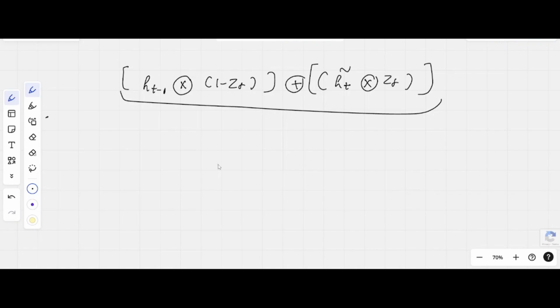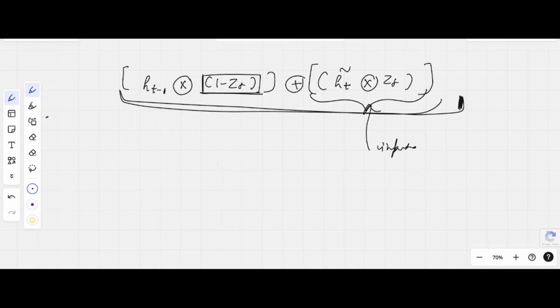Before discussing that, there is one more benefit of having this quantity, and that is this complete operation incorporates both the forget gate and the input gate of LSTM in just one single operation, which we are calling the update gate. This part tells us what information we need to put in our hidden state, so it is acting like the input gate of LSTM, right?